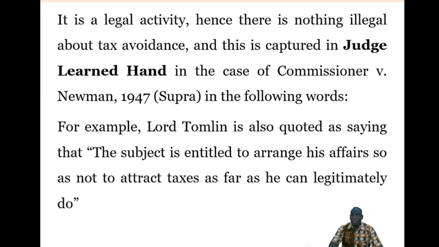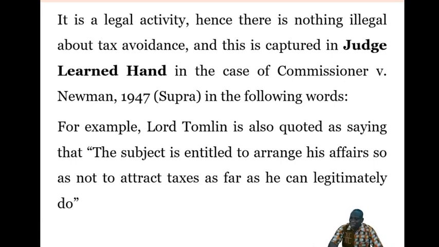The words here have not been stated, but another judge called Lord Tomlin is quoted as saying something to support the meaning of tax avoidance. So both judges are in support of it. And the case of Lord Tomlin is what is being quoted here.